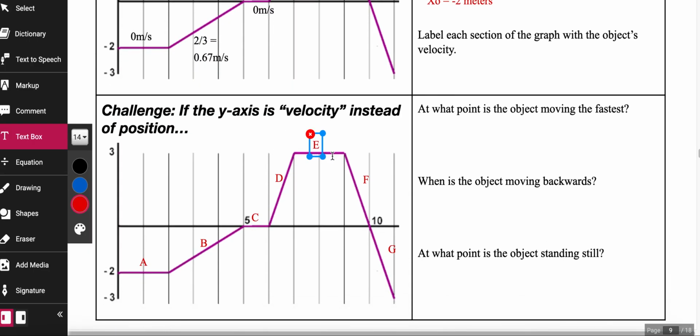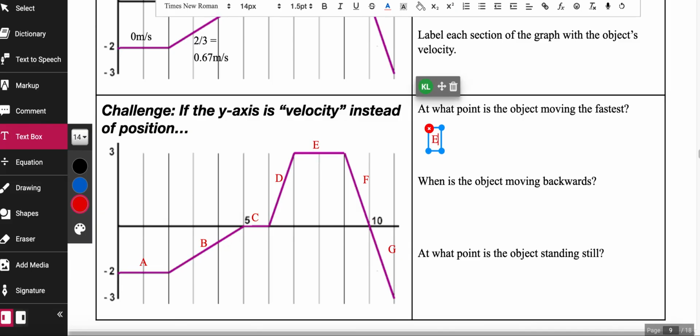So here, if we have a flat line, that means that we have a constant velocity. So where is our velocity fastest? E. Our velocity at E is positive 3 meters per second because that's the constant, right? You could say that at the very tip of G down here, you're also moving negative 3 meters per second. But I think that's kind of splitting hairs here, okay?